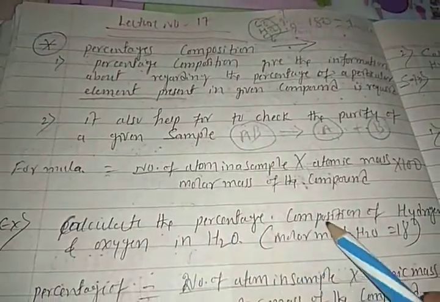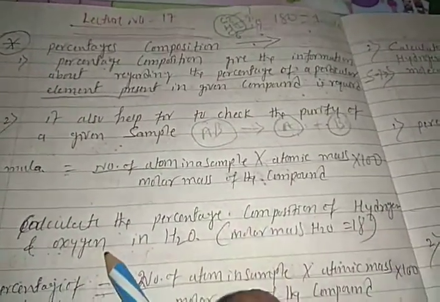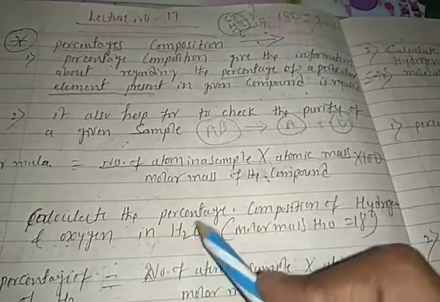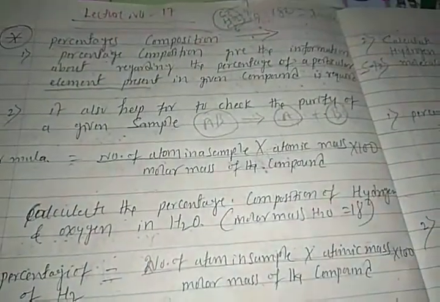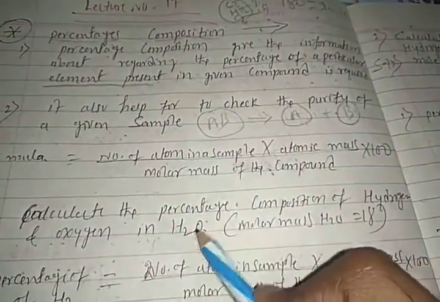Calculate the percentage composition of hydrogen and oxygen in H2O. H2O is considered as 100%. 1 mole of H2O, that is 18 gram. So this 1 mole of H2O is the 100%.